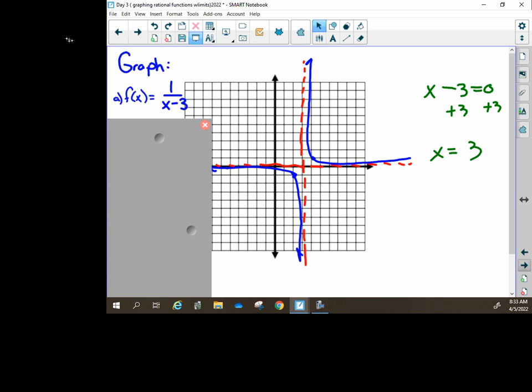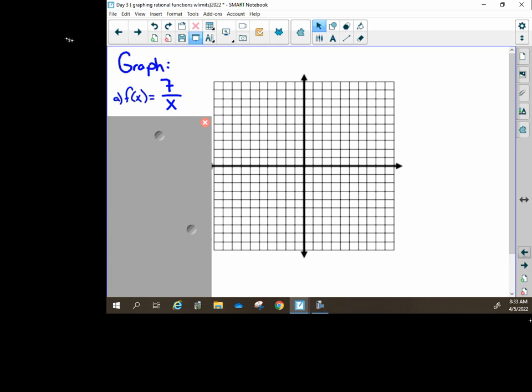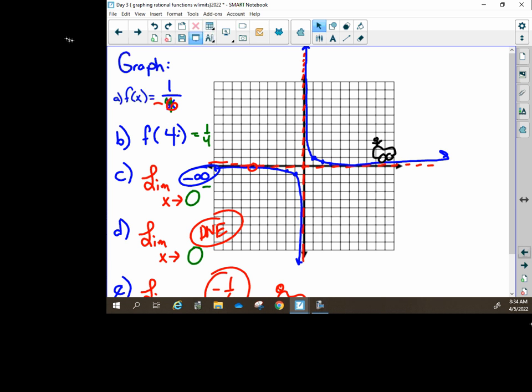What did this one right here do to your graph? I had this one that I skipped. What would the 7 over x have done to this graph? Stretch it.